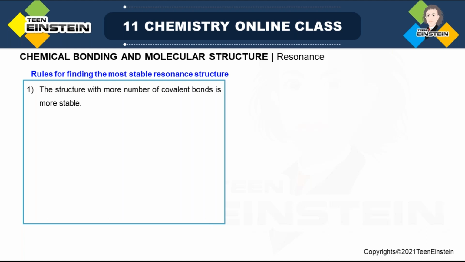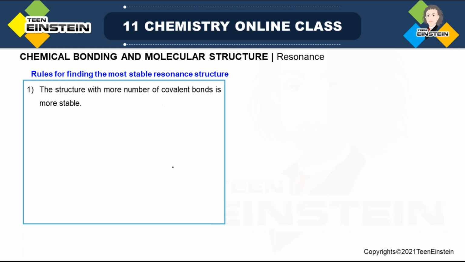Suppose according to the first rule, the first resonance structure is predominating, but according to the last rule, the second structure is predominating. Now the question arises, which rule should you give more priority? Obviously, that is the reason you have to maintain this order. So the first rule, you will see, has maximum importance. So what are the rules? Let's see one by one.